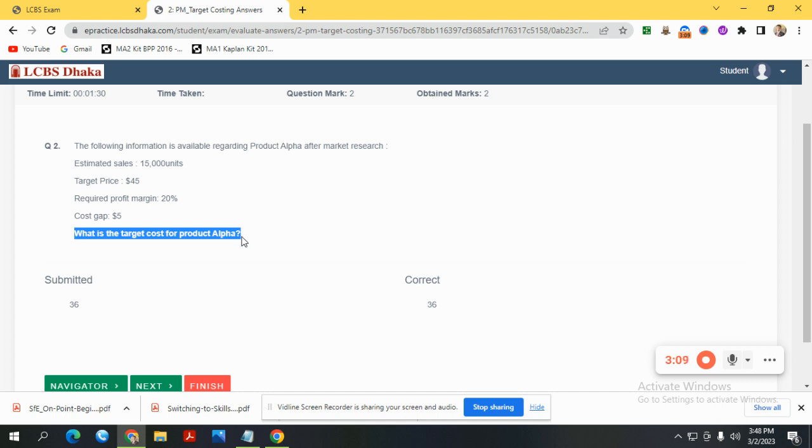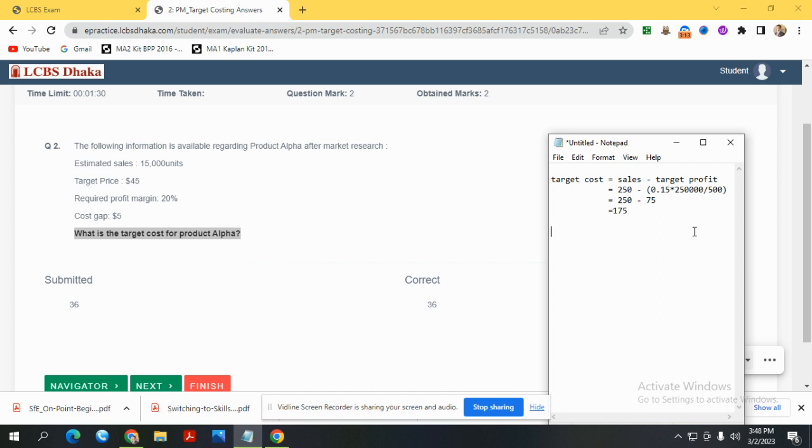So in terms of target cost, let's do our formula again. So the same thing again. What is our target cost? Target cost basically is sales minus my target profit. The sales figure is already given, the price we will sell at, which is $45. And they want a profit margin of 20%.